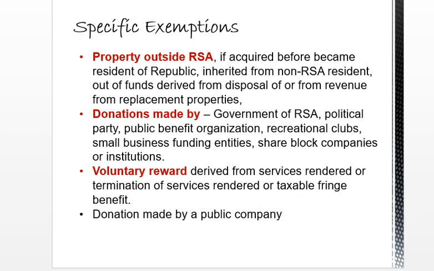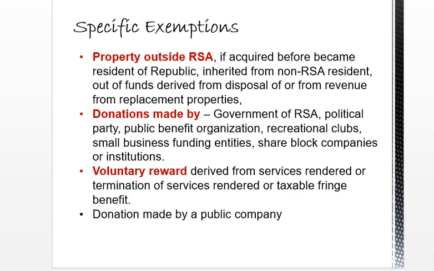And then a donation made by the government of the Republic, any political party, a public benefit organization, a club, a small business funding entity, share block companies, or institutions. So when any of these institutions makes a donation, it is specifically exempt. And finally, we've got a voluntary reward. So this is derived from services rendered or termination of services rendered or taxable fringe benefit.